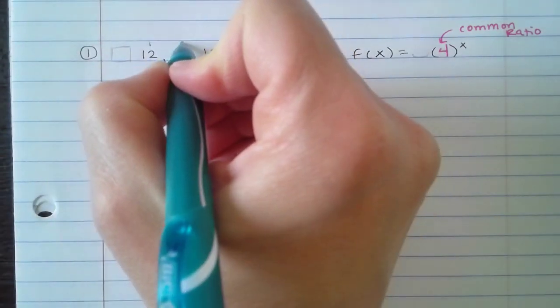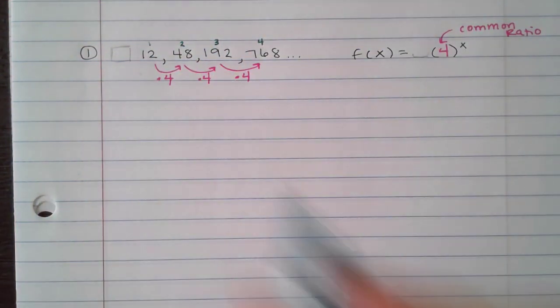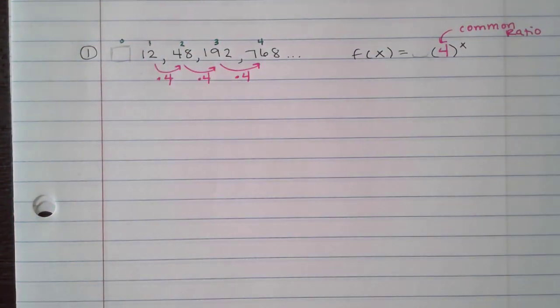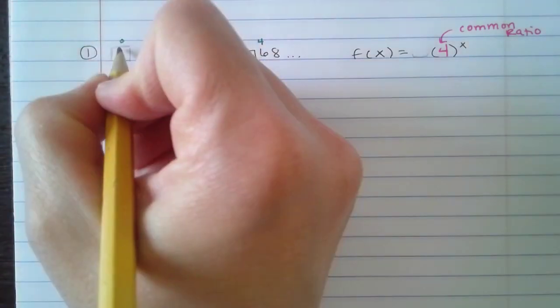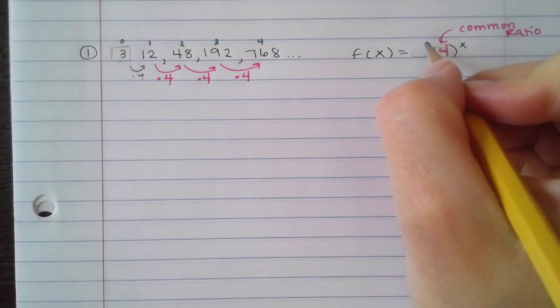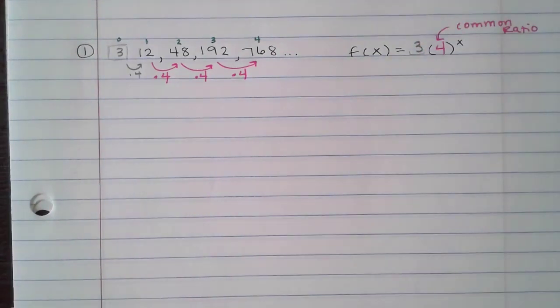This is my first term, my second term, my third term, my fourth term, because that's going to come in handy later. This is my 0 term. And what is your 0 term that's invisible and out in front? In this case, it is 3, because 3 times 4 is 12. So 3 goes there. And you have your function, and you're all done.